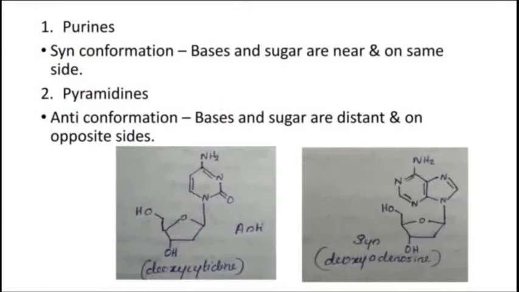The reason behind this is, in zDNA, the purine nitrogenous bases and the pyrimidine nitrogenous bases are in different conformations. The purines show a syn conformation. That means the base and sugar are near and on the same side, while pyrimidines are in anti-conformation. That means the base and the sugar are distant and on opposite sides.